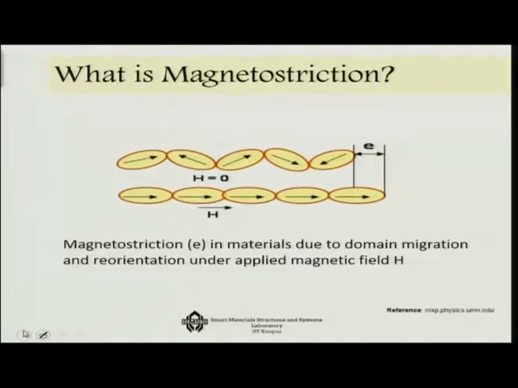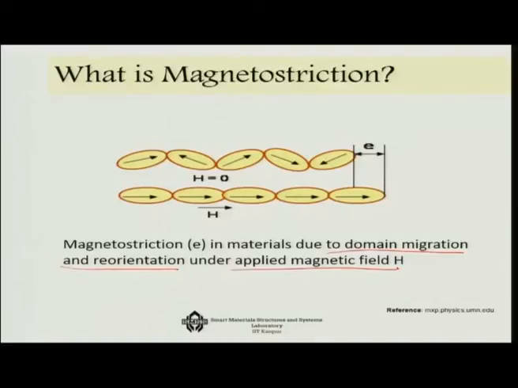Now, what is magnetostriction? Magnetostriction in a material refers to the change in the size of the system due to domain migration and reorientation under applied magnetic field.